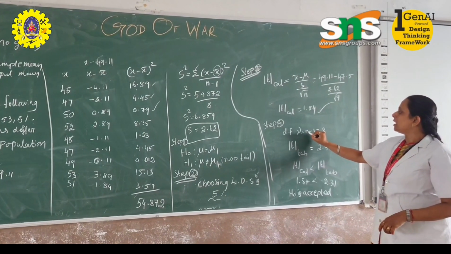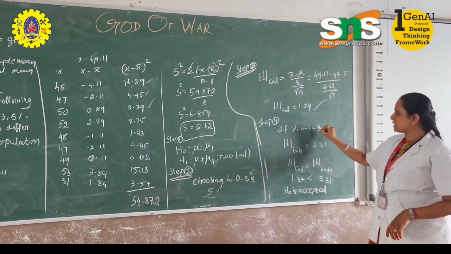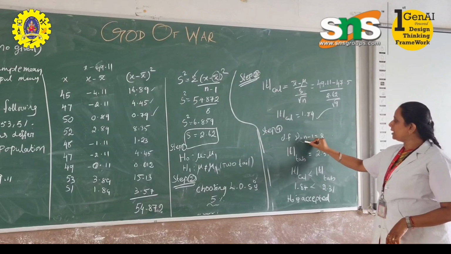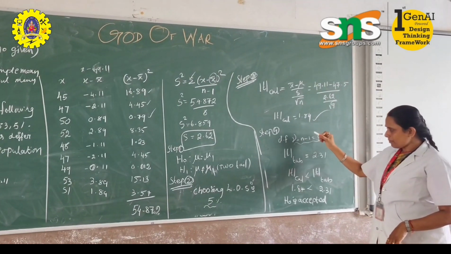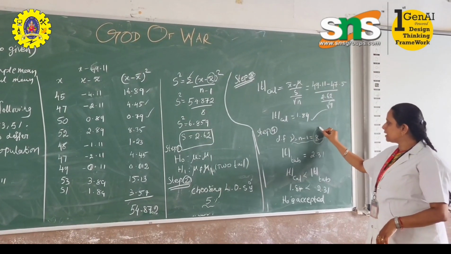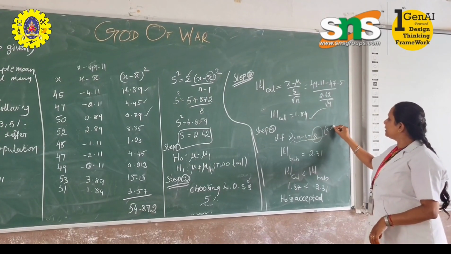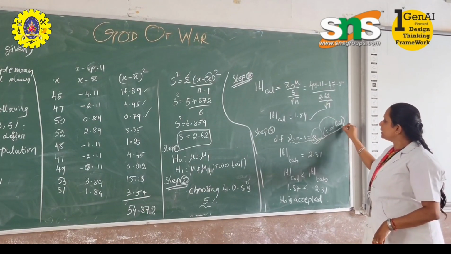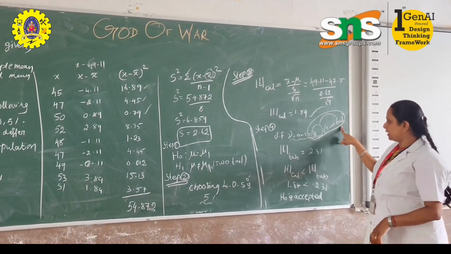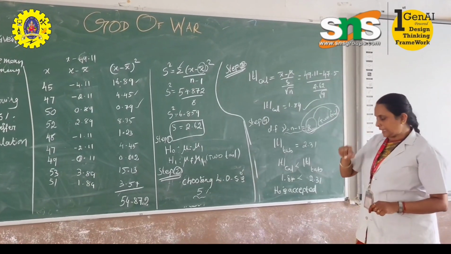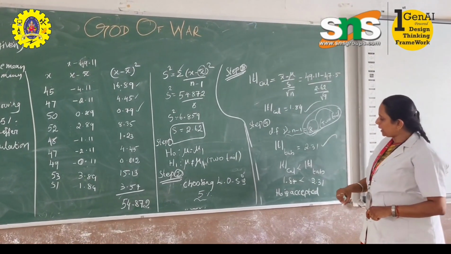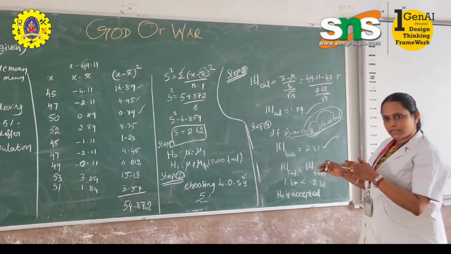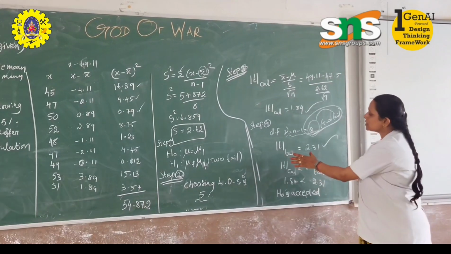Next, using the degrees of freedom 8 and the two-tail test, we check the table. The table value is 2.31. Comparing the table value and the calculated value, the table value is 2.31 and the calculated value is 1.84. Whenever the table value is greater, H0 is accepted.